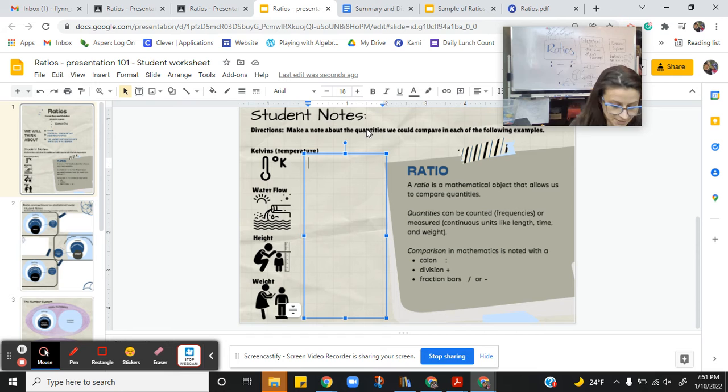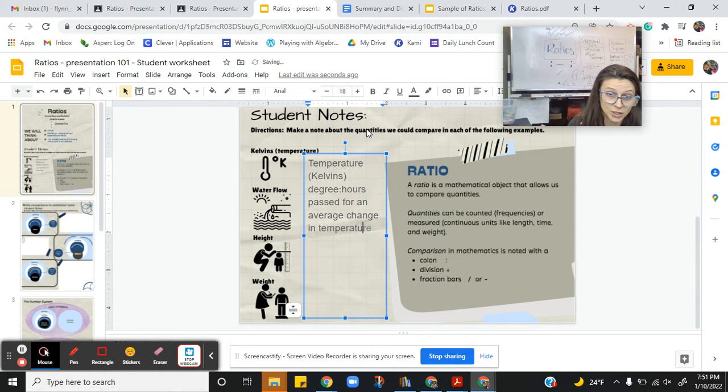So my example for Kelvin in temperature would be comparing the degrees to the hours past.